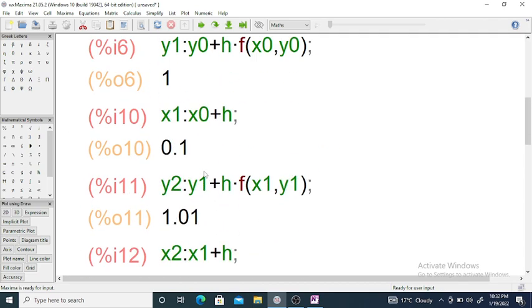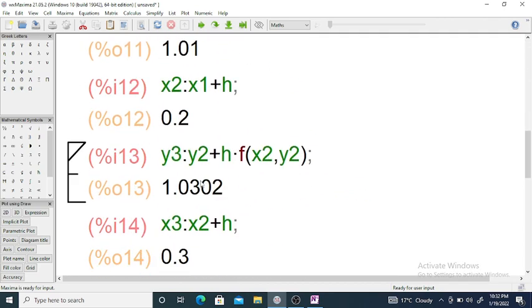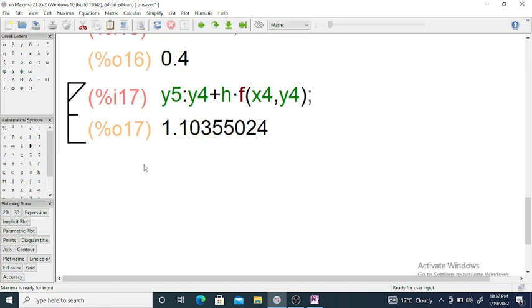You can also solve this differential equation directly by using the inbuilt function ode2. For that, we assume the equation is equal to the given differential equation, dy by dx, so it is the command diff of y with respect to x equal to x into y.